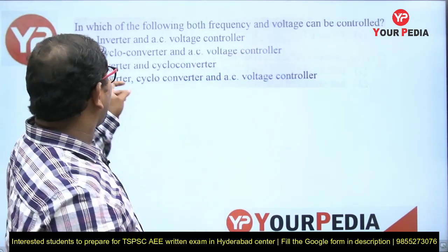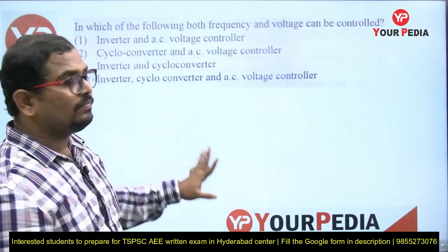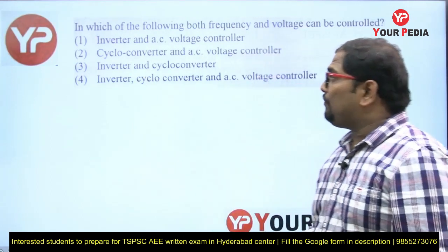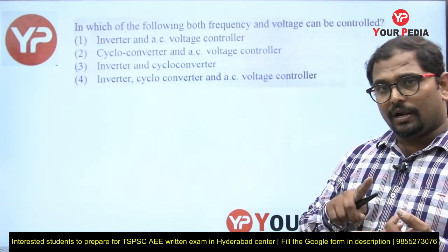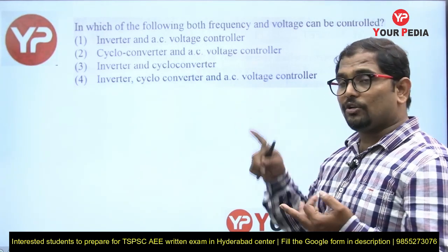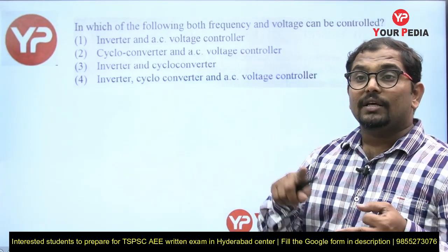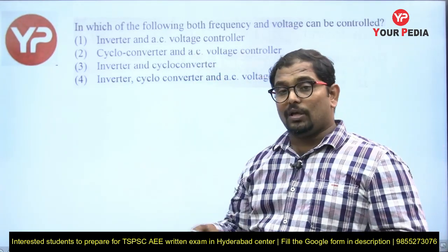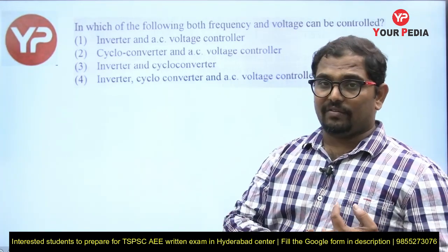If you take the names, inverter, AC voltage controller, cycloconverter, these are the names we have. Yes or not? So the AC voltage controller, does it control both voltage and frequency, or only voltage? See, the AC voltage controller only controls output voltage, it won't control the output frequency.